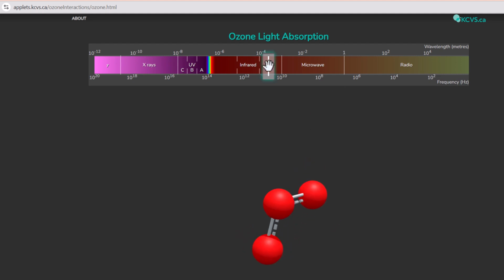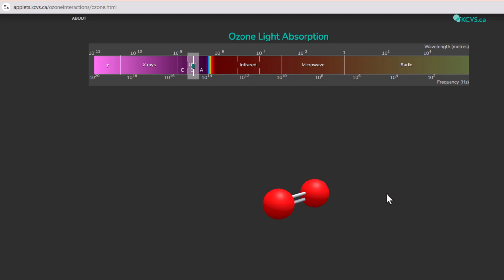But something quite interesting happens if we drop it down to ultraviolet. So here's ultraviolet A. Okay, that brings us back to this sort of behavior. And if we put it to ultraviolet B, then we see that the ultraviolet radiation of that particular range of frequencies knocks one of the oxygens off the ozone.